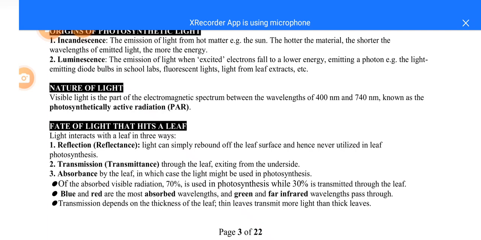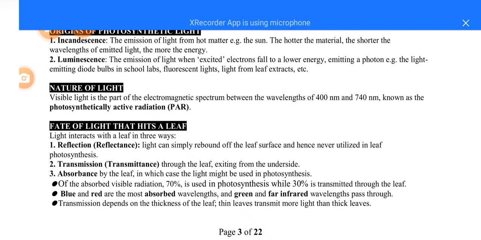Now, it is also very important in nutrition, especially autotrophic, which we say is self-feeding. So it is also important for you to note the nature of light. We are saying that visible light is the part of the electromagnetic spectrum between the wavelengths of 400 nanometers and 740 nanometers, known as the photosynthetic active radiation, in bracket PAR.